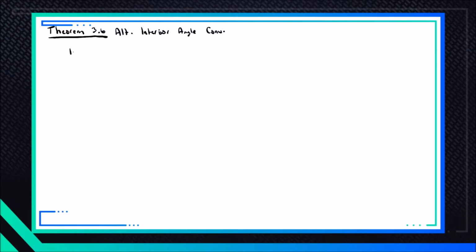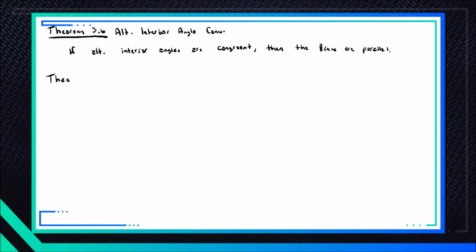So if alternate interior angles are congruent, then the lines are parallel.